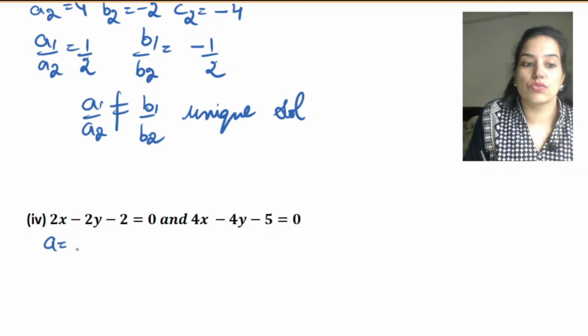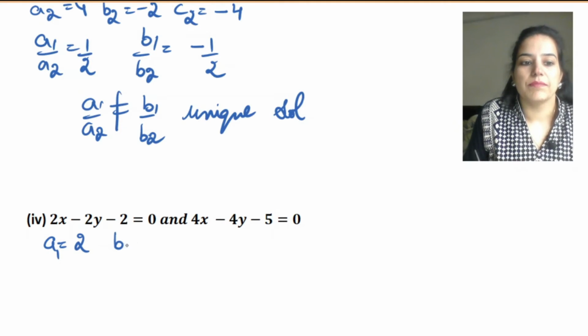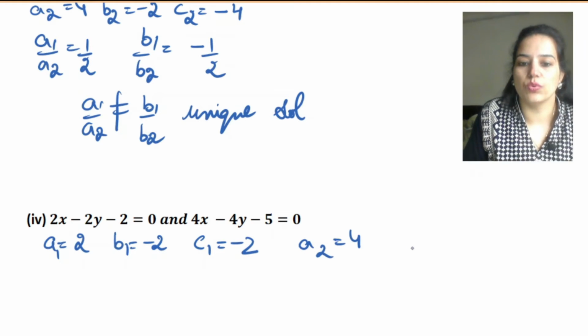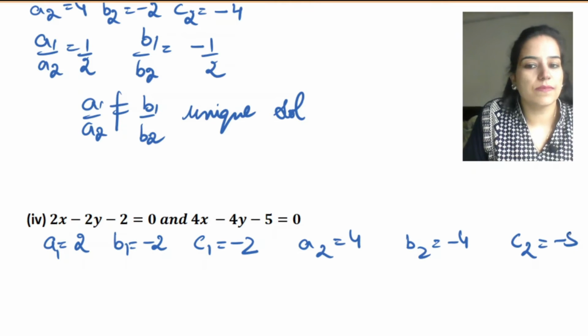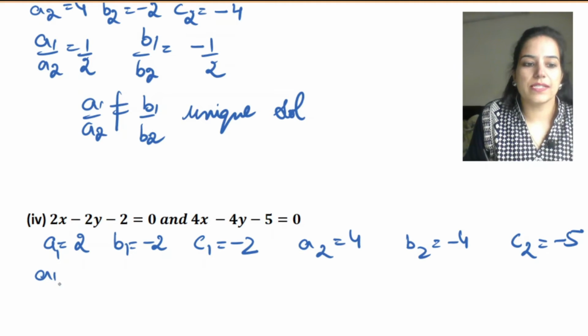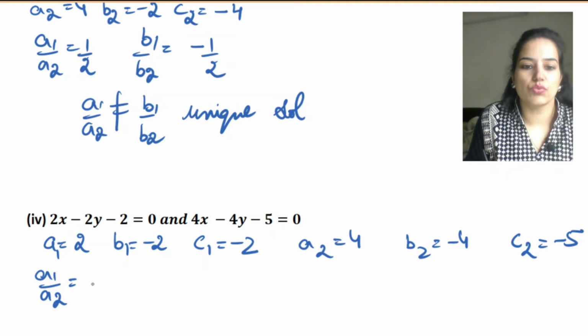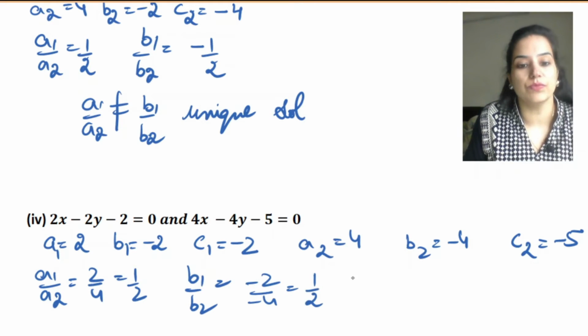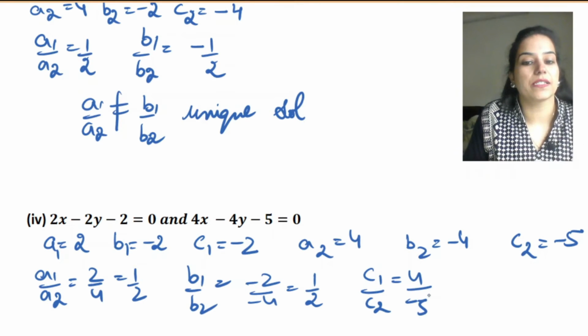Then comes the last one, fourth part. So A1 is 2, B1 is -2, C1 is -2. Then A2 is 4, B2 is -4 and C2 is -5. So what is A1 by A2? That is 2 by 4, 1 by 2. What is B1 by B2? That is -2 by -4, again 1 by 2. And C1 by C2 is 4 by -5.